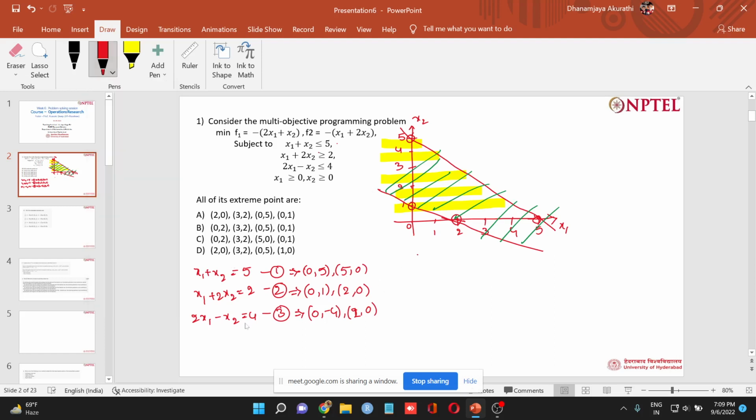And for the third case, we can identify the points are x1 0 and x2 is -4. Then we just leave this, because in graphical method we only deal with the first quadrant. And another point is x1 2, x2 0.